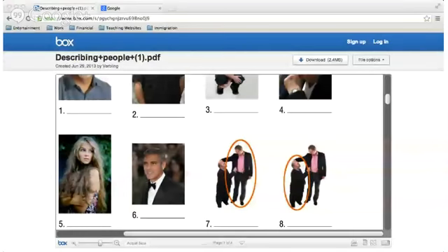Small man. Small. Short man. Lower man. We wouldn't say lower, because we use low to maybe discuss how someone feels. He feels low. Yeah, small, short.